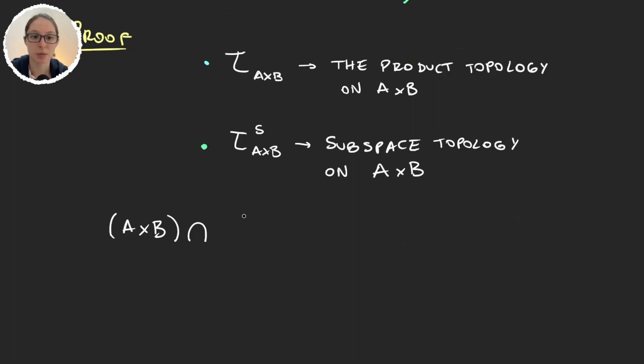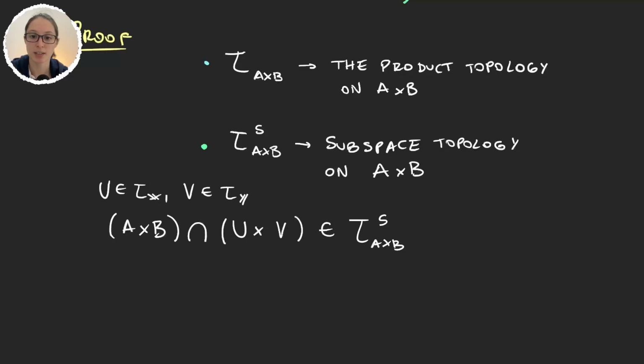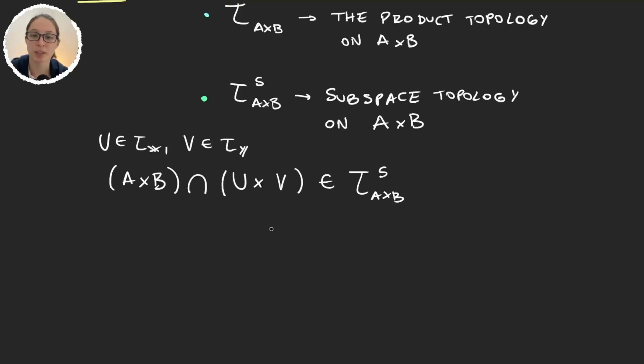So A times B intersection U times V for U in tau X and V in tau Y. This is an element in tau S A times B as a subspace because we're taking the intersection of the space in which we want to work with a set in the product space topology. But now let's see how we can write this set.